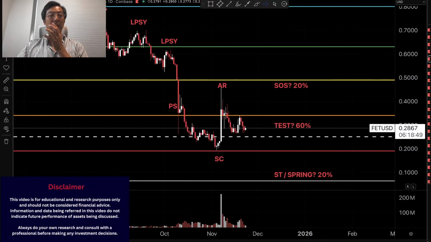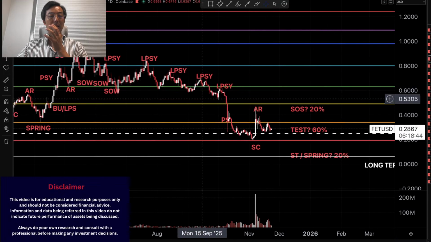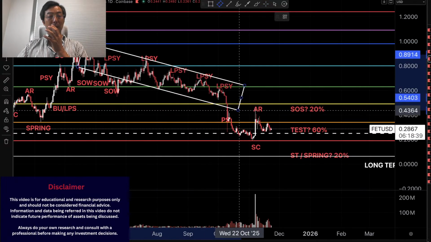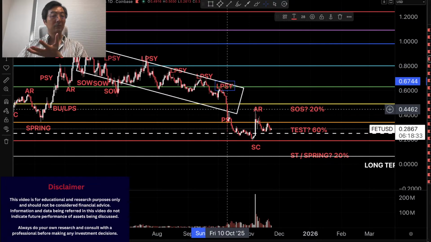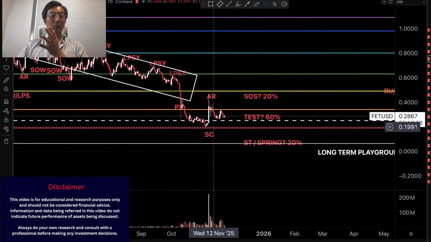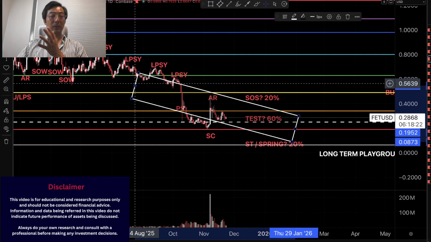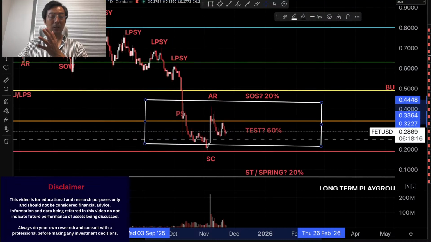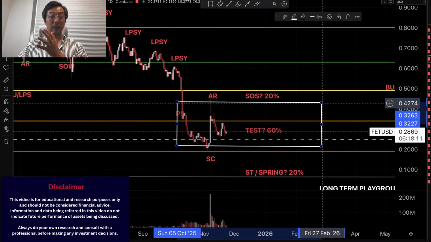One thing here that I haven't drawn in this chart: previously there seems to be a gradual declining trend, until October 10th happened. That completely changed the trajectory. Assuming what's happening now, there are two possibilities from the selling climax to where we are. Usually, during accumulation, it's horizontal or sideways trading.